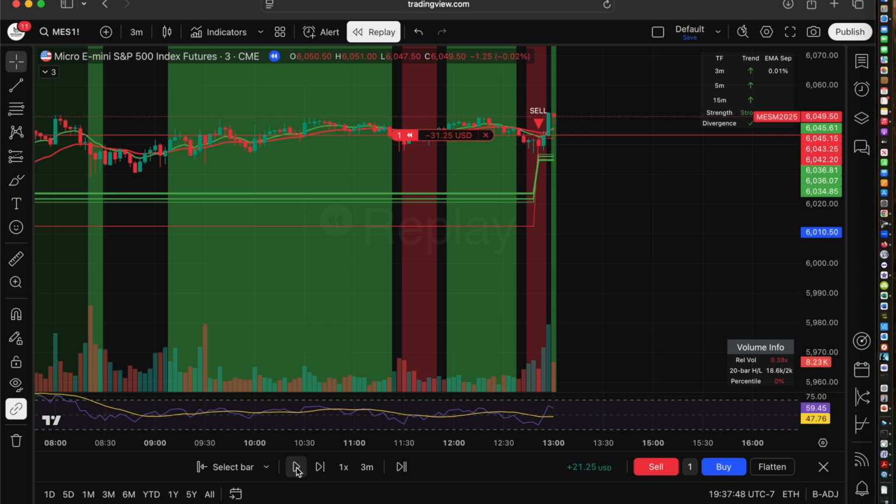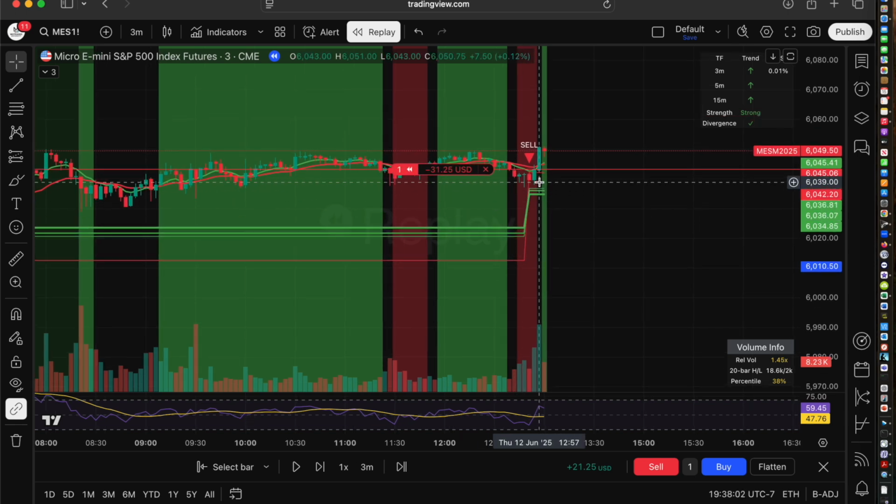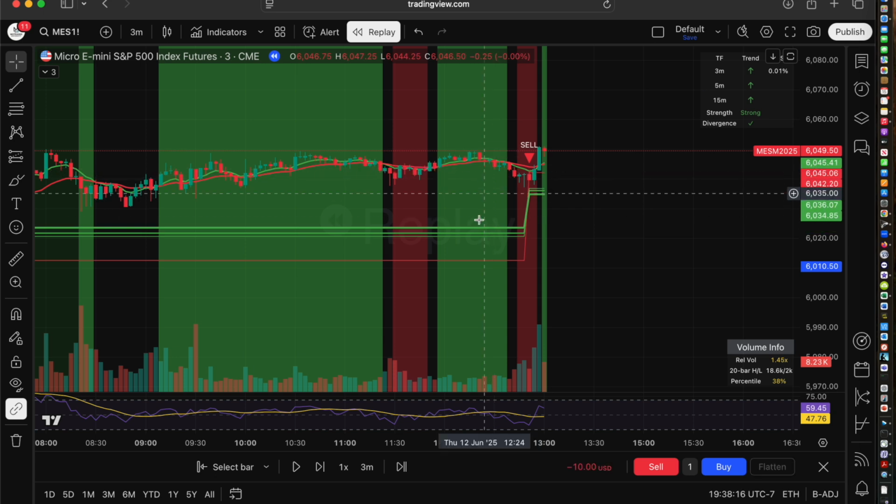Yep, look at that. Technically, it's saying that this bar meets all our requirements, but yet the price went the other way. So we'll exit that trade. So we have a loss. Okay, let's see. Wait for the next signal.